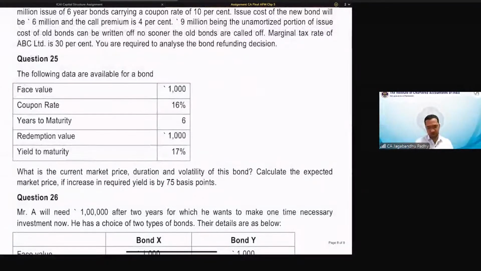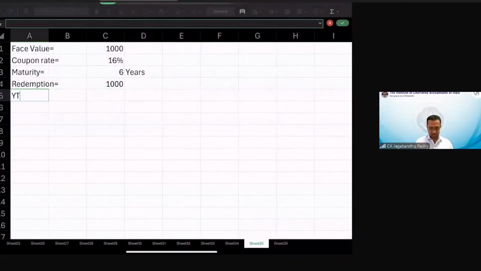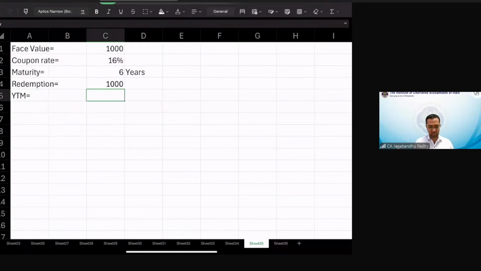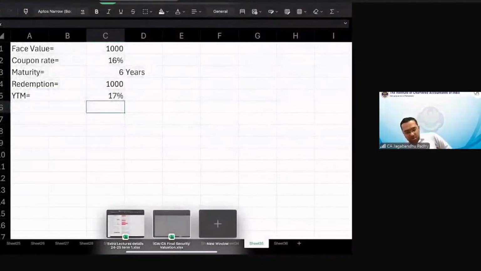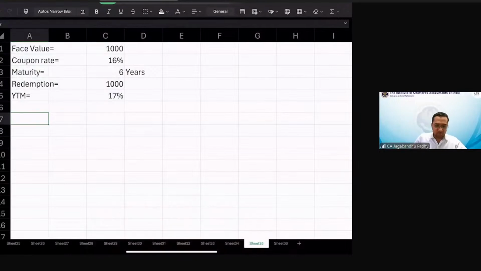Yield to maturity is 17%. What's the current market price, volatility, duration of the bond? Calculate the expected market price if the increase in the required yield is by 75 basis points. Okay. The three things have to be calculated.